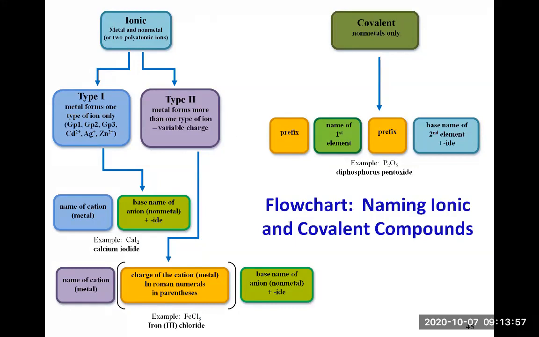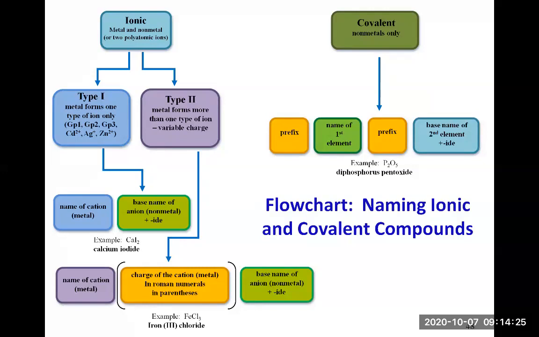And for ionic compound, you need to decide, and so ionic compound are made of metals and non-metals. You need to decide if the metal is a type 1 or type 2 metal. So type 1, remember how it's those metals from group 1A, 2A, and 3A. And then there is some exceptions among the transition metals, which are cadmium 2+, silver+, and zinc 2+.